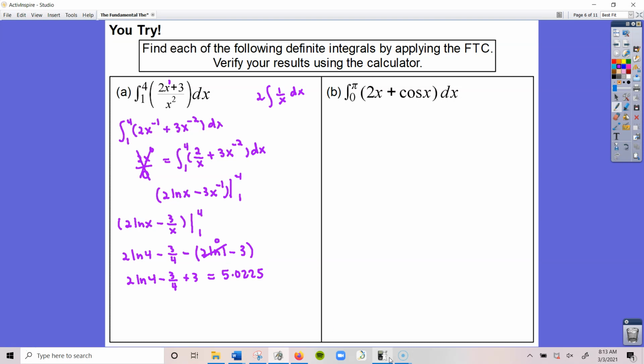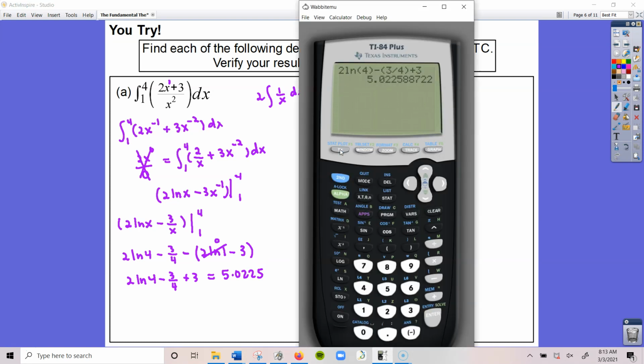So now let's go to the calculator and graph it and integrate. We have here 2x plus 3, and notice that I put the whole numerator in parentheses, divided by x squared. Now my previous window does not include 4, so I'm going to adjust my window.